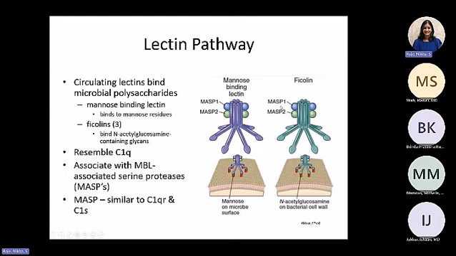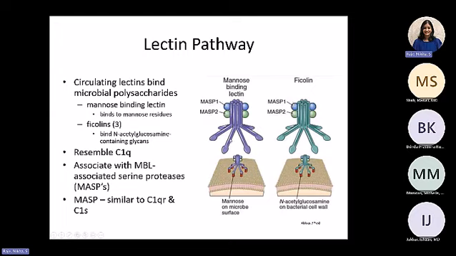We are talking about the MBL pathway. The MBL pathway has this same kind of structure, but this is not C1q, this is MBL. These two structures here are not C1s or C1r, they are MASP1 and MASP2, but very similar concepts and very similar structure. Similarly, there is a third type of pathway called ficolin. Ficolin has the same structure as C1q and is interacting with MASP1, MASP2.